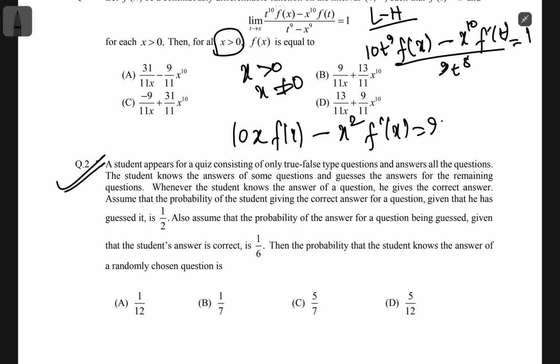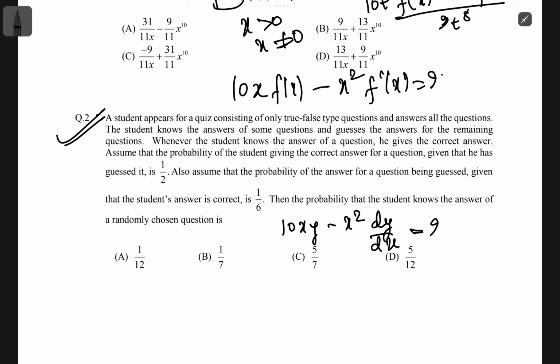So this should give us 10xy minus x square dy by dx is equal to 9. This would be our differential equation, and yeah, it's very easy.